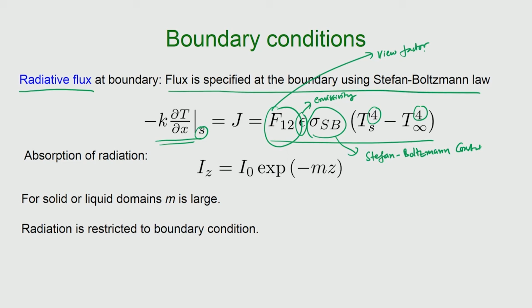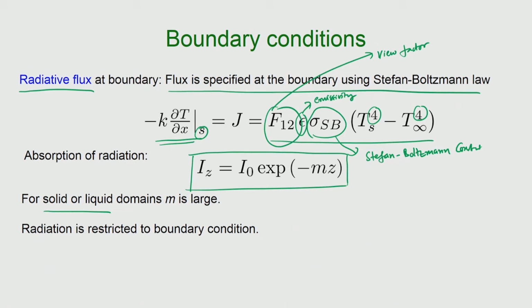And normally radiation is treated not as a heat transfer mode within the domain, but only as a boundary condition. The reason is as follows: most of our metallurgical problems involve the domain being either solid or liquid, and solids or liquids will attenuate electromagnetic radiation as given by the Beer-Lambert law.